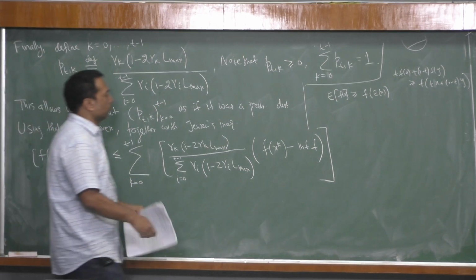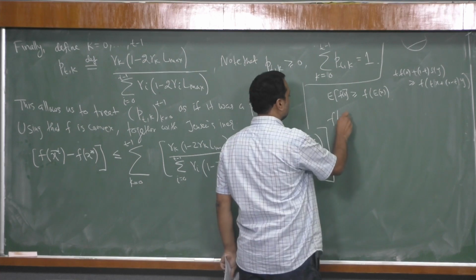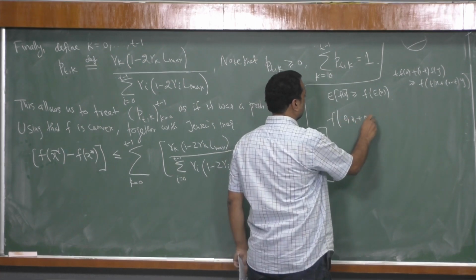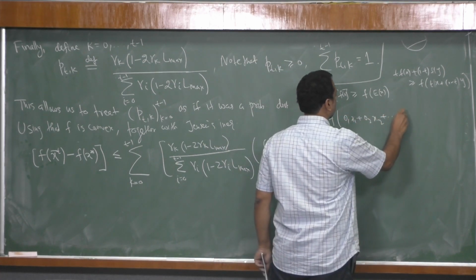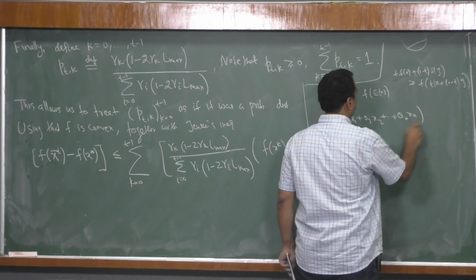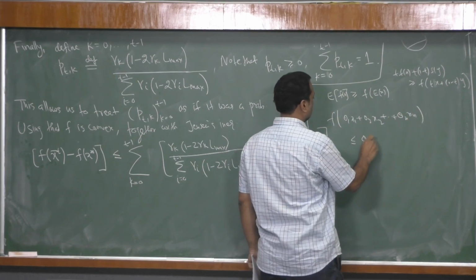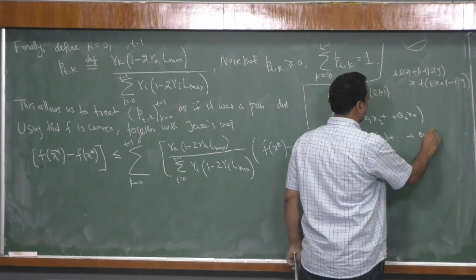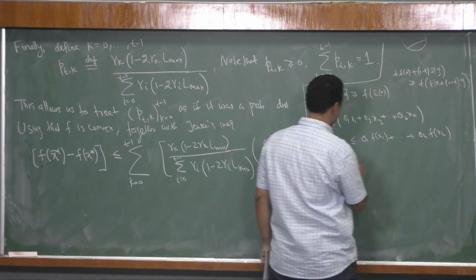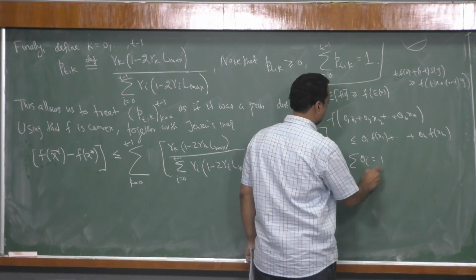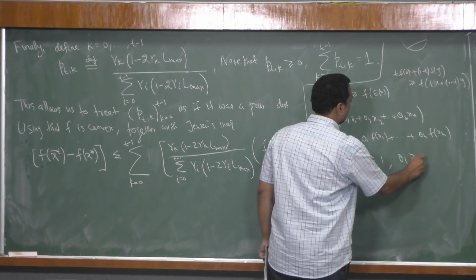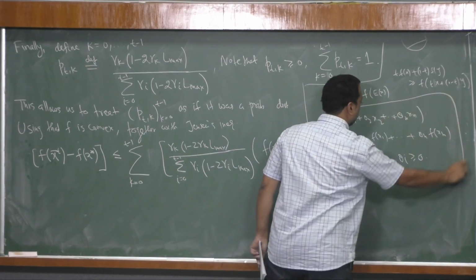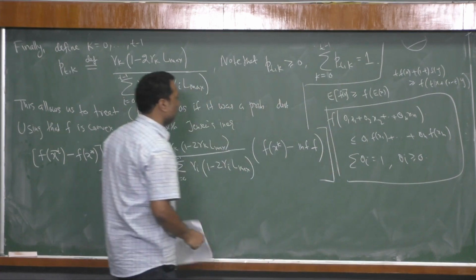Basically what we are trying to say is the generic form: f of theta 1 x1 plus theta 2 x2 plus ... plus theta n xn is less than or equal to theta 1 f of x1 plus ... plus theta n f of xn, where the sum of the theta i is 1 and the theta i's are nonnegative. This is the more generic thing, and that's what we are trying to say.